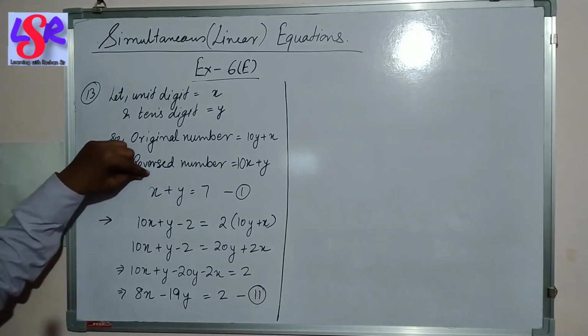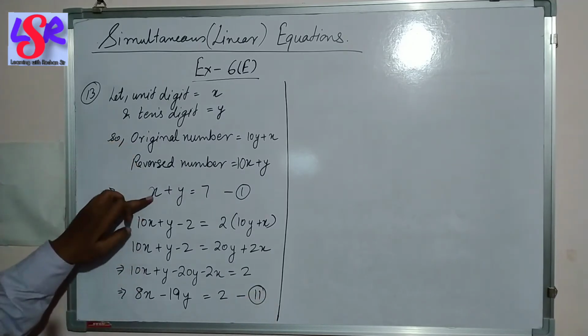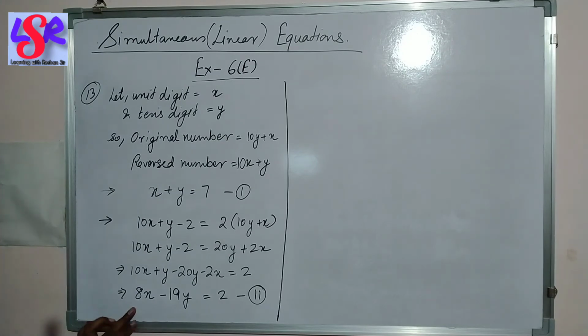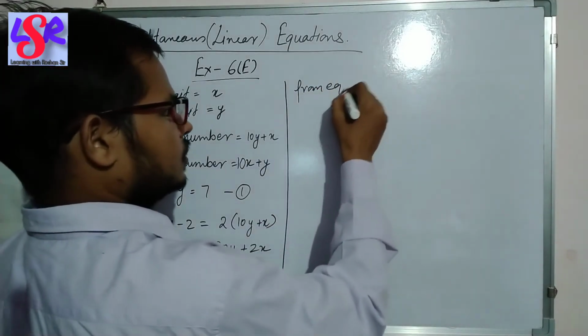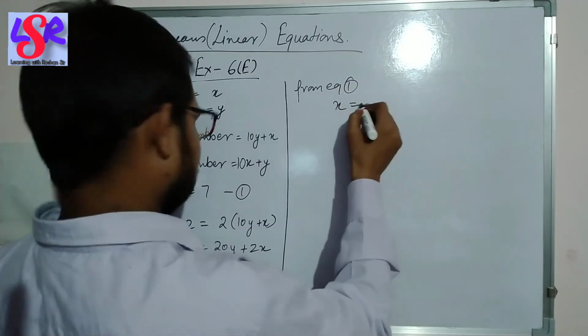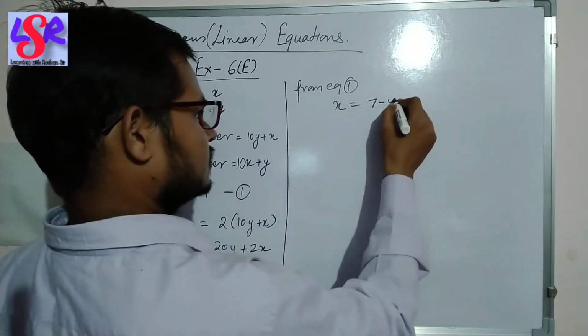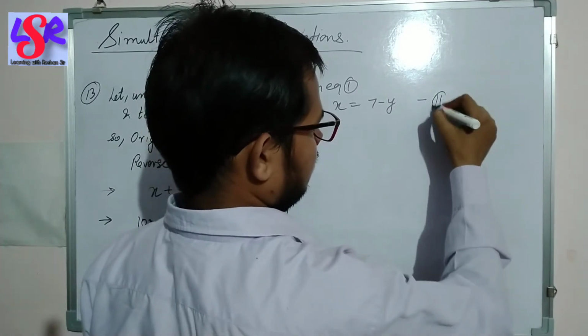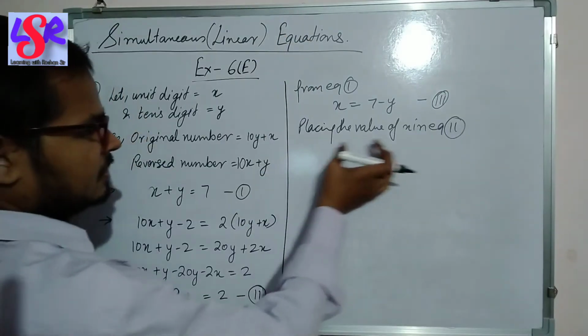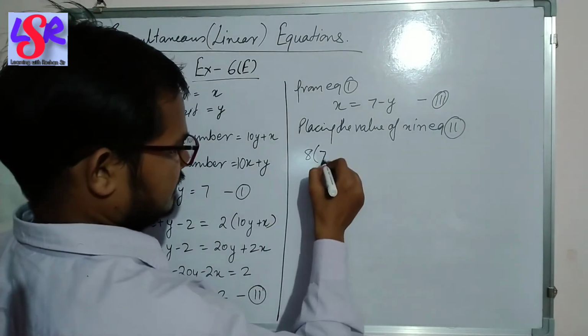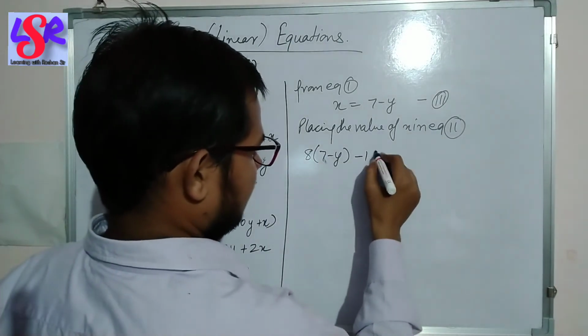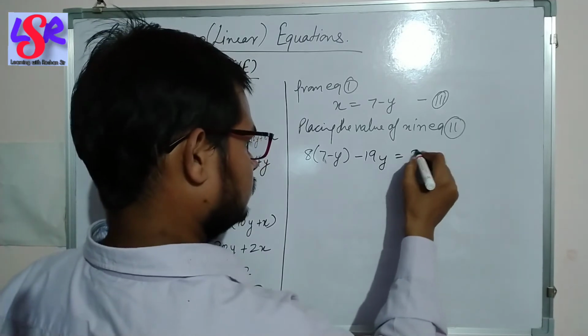Now from the first equation we can find the value of x and place over here to get the value of y. So from equation 1, the value of x will be 7 minus y. That is your third equation. Now placing the value of x in equation number 2, we get 8 into 7 minus y minus 19y equals to 2.